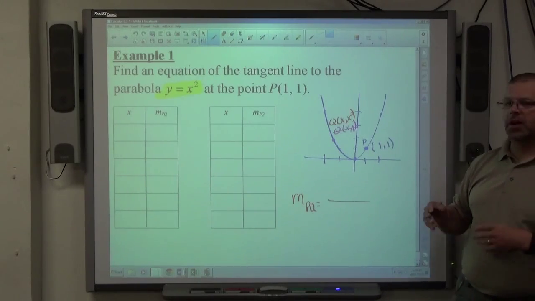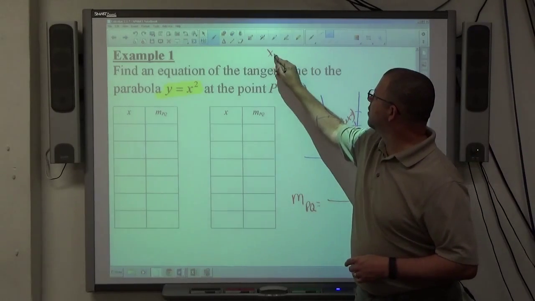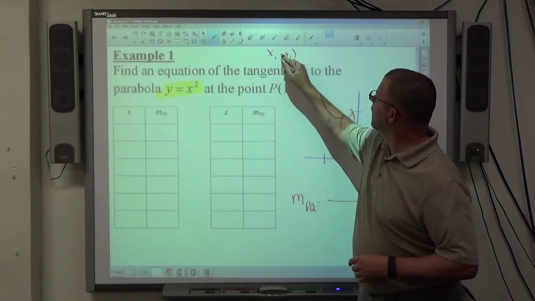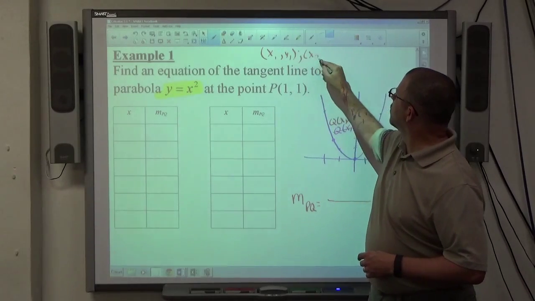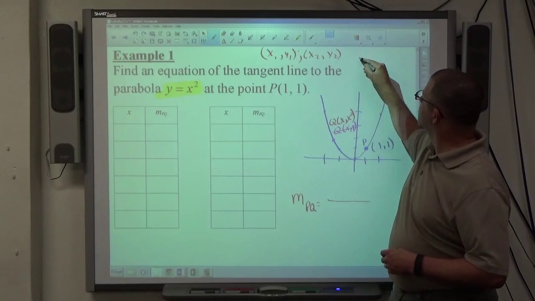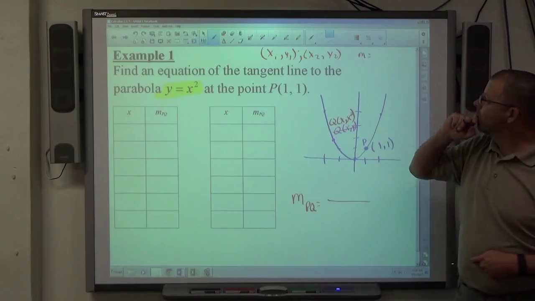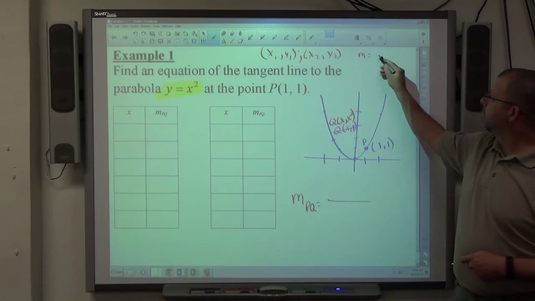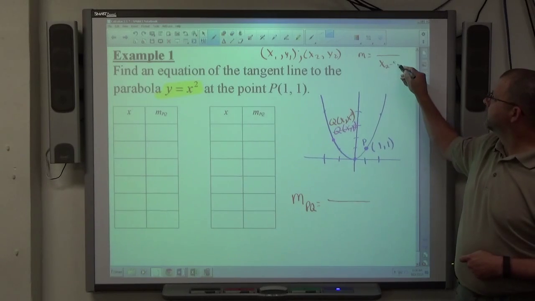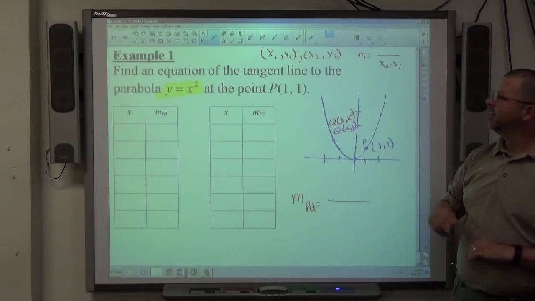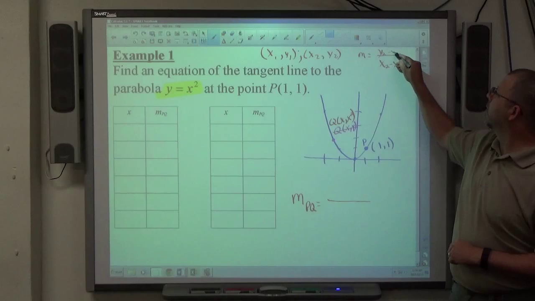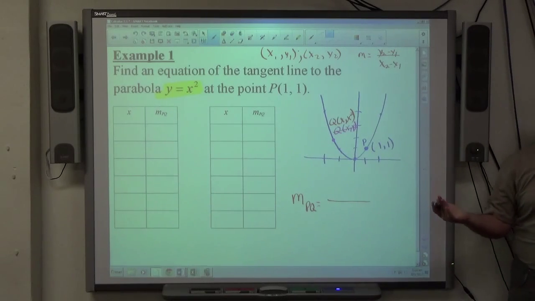Going back to algebra 1, if we had 2 points, let's say my points are x sub 1, y sub 1, and x sub 2, y sub 2, what's the slope formula? It's x sub 2 minus x sub 1 on the bottom, and y sub 2 minus y sub 1 on top. That's the slope formula, right?